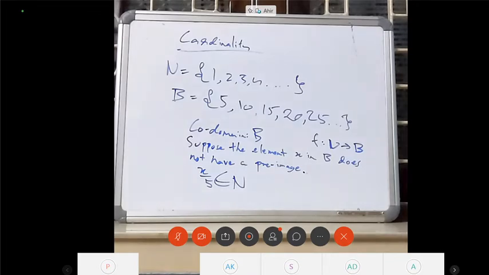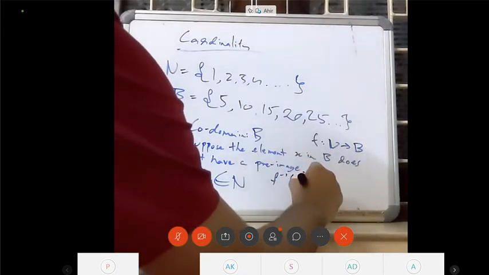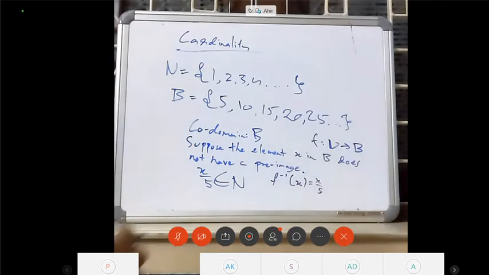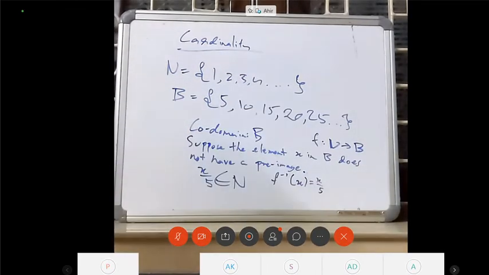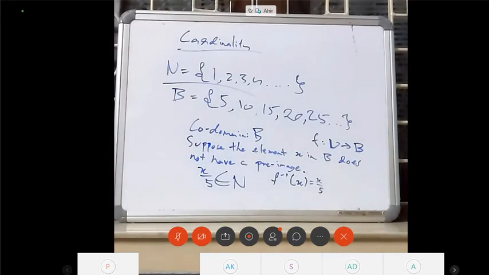So basically, f inverse of x in this case is x by 5. So if you take the element x in B, its pre-image will be x by 5, which is in the set of natural numbers. So we have a contradiction, and hence this is surjective as well.